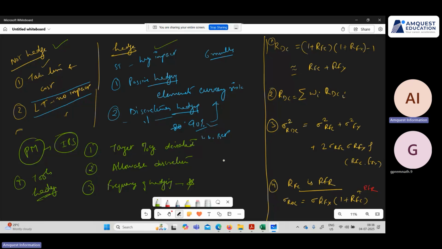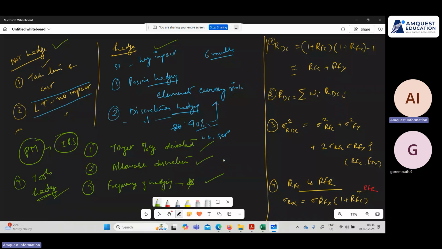Or maybe you can get into a swap. So what are the different tools available to you? So the IPS should talk about the target percentage that could be deviated, how much discretion is allowed, what could be the frequency of the hedging, or what are the different tools that are available to hedge. Are we okay so far?